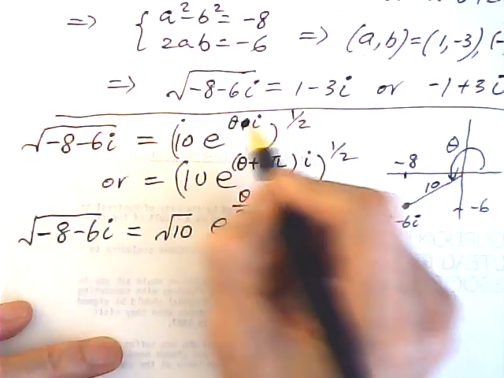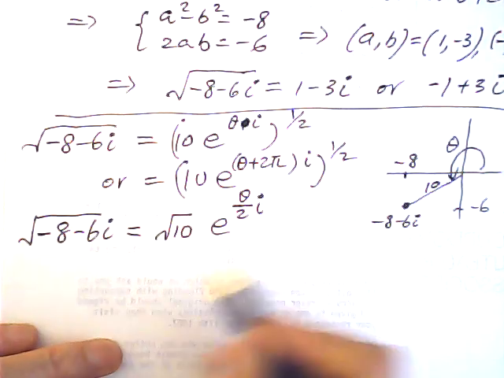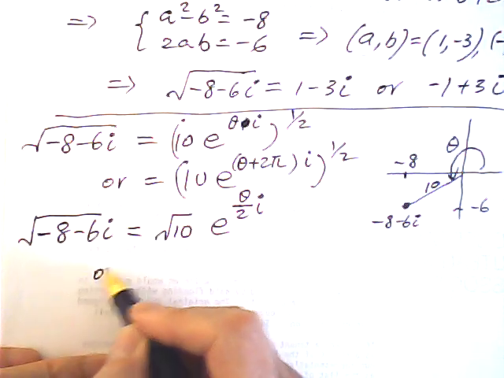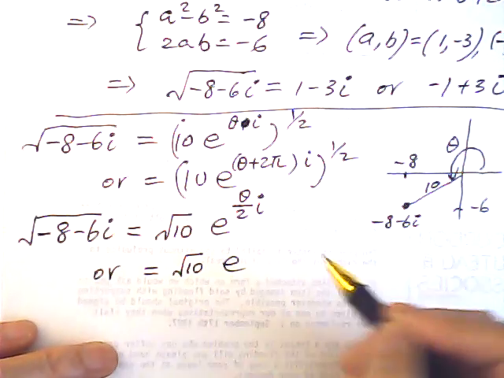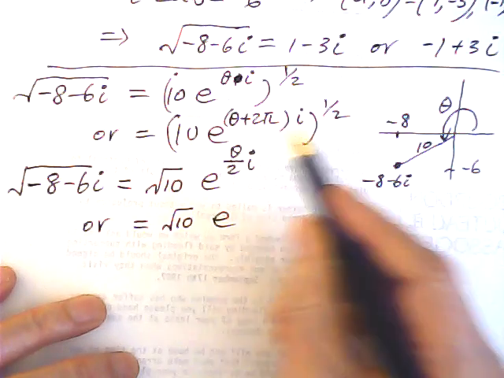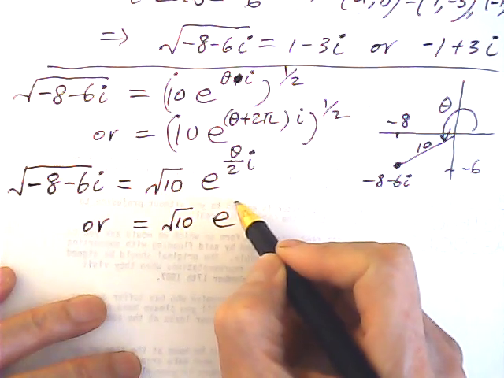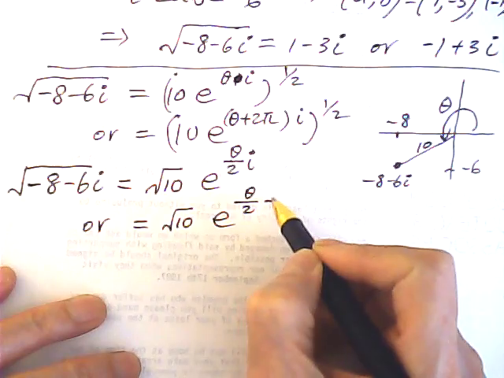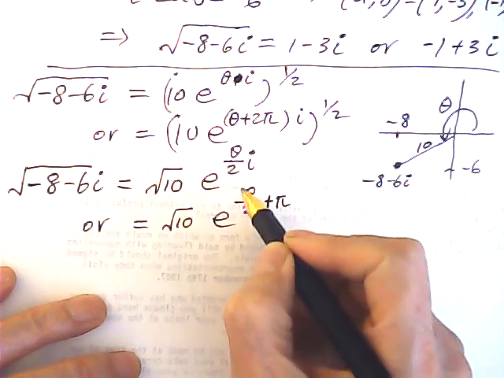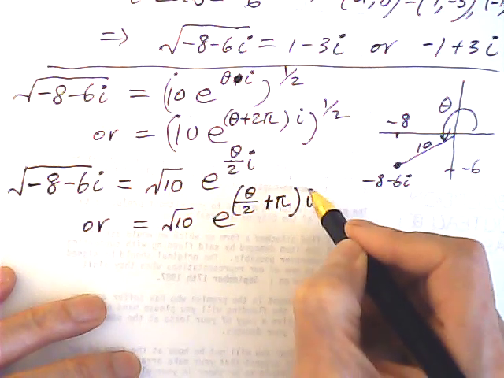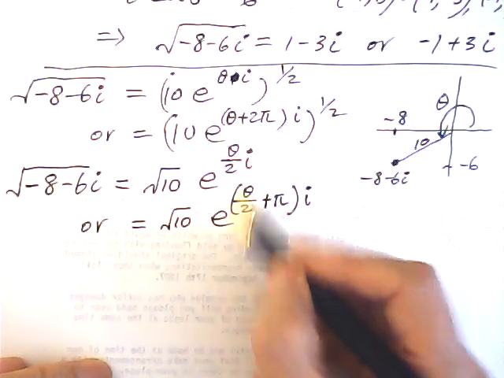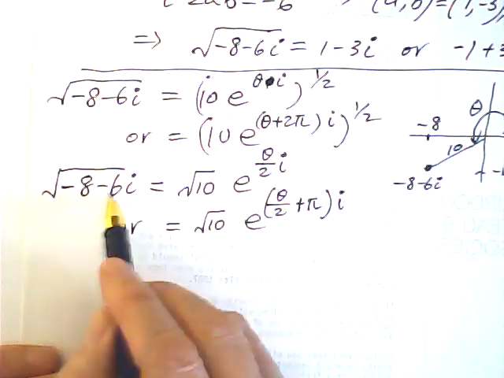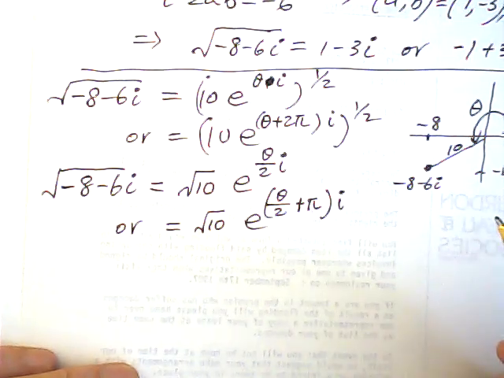Or it is equal to square root 10 e to the half theta plus pi, i. Okay, these are two roots of this complex number.